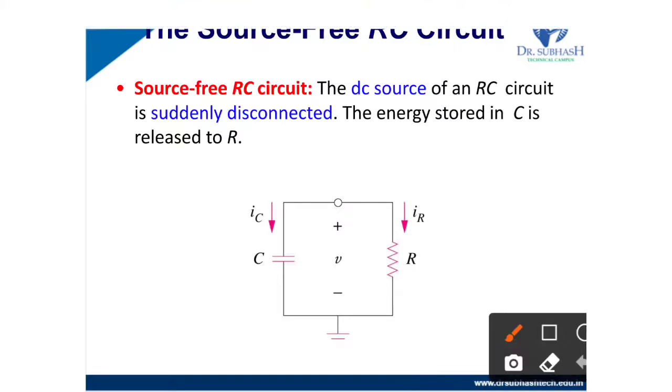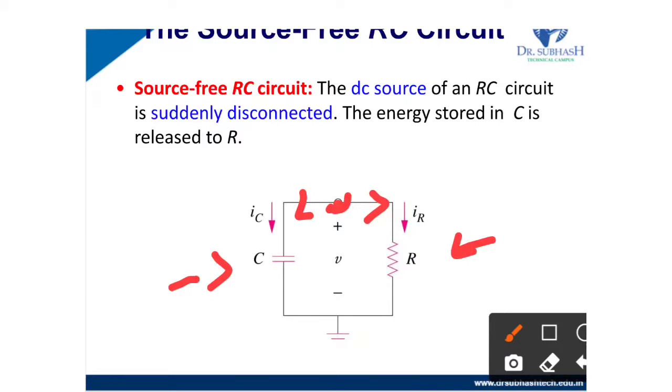In this circuit, one resistor and one capacitor are connected. The DC source of the RC circuit is suddenly disconnected, and the energy stored in the capacitor is released to the resistor. This is the node, this is the direction of IR, and this is the direction of the capacitor current.